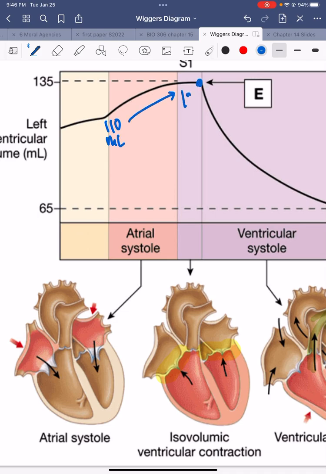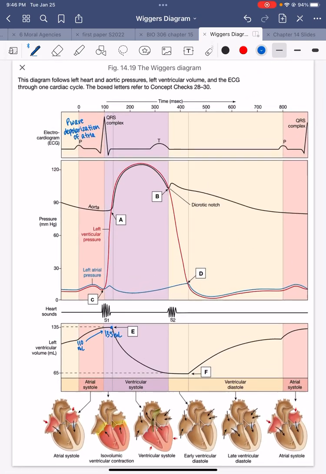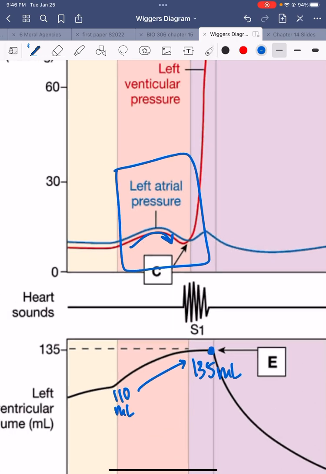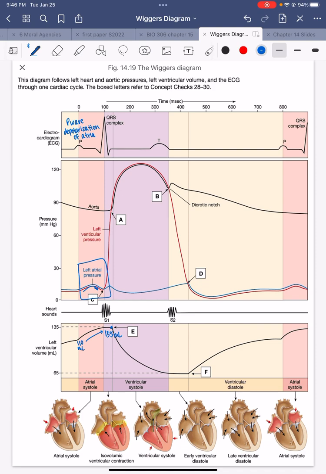The left atrium and left ventricle both experience a slight bump of pressure, as seen in the pressure diagram in the middle here. After atrial depolarization, the atria repolarize, known as atrial repolarization. This occurs during the QRS complex.